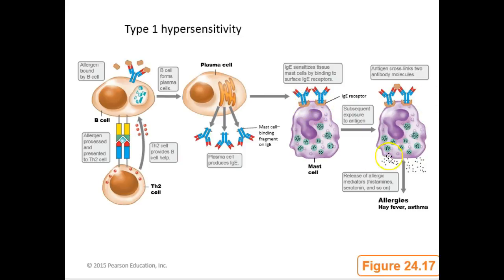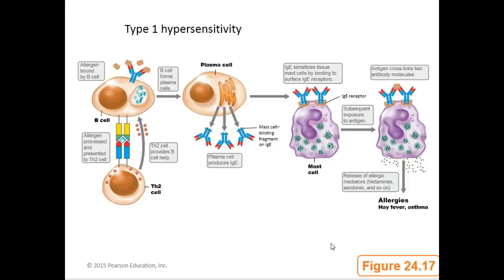Then when the mast cell is exposed to that foreign particle again, the two antibodies can be cross-bridged, and that induces a signal to be transduced across the membrane, which releases all of these granules with bioactive materials like histamines, serotonin, leukotrienes, and all of the stuff that makes your eyes itch, your nose water, and induces inflammation.